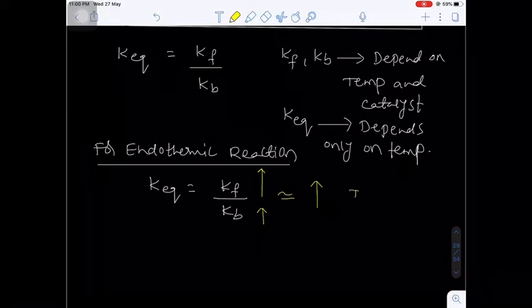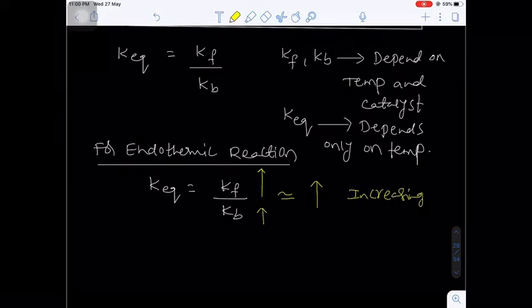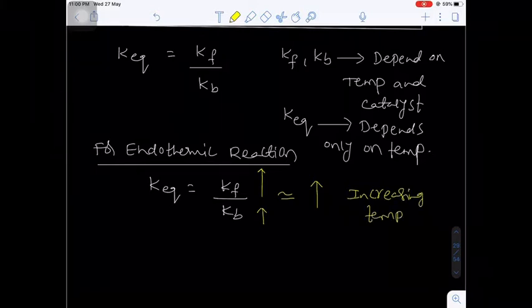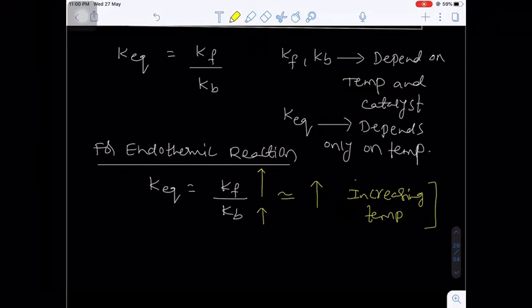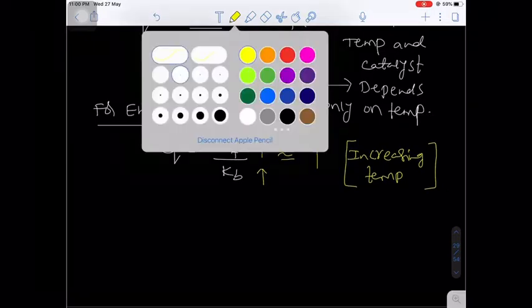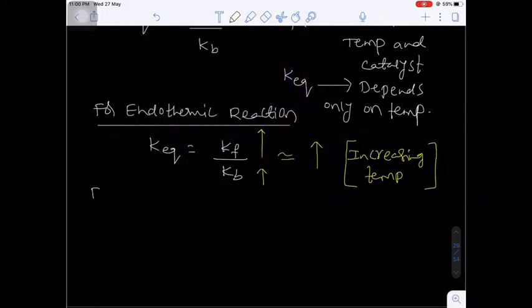Are you getting my point? Increasing the temperature in an endothermic reaction, the equilibrium constant value increases.